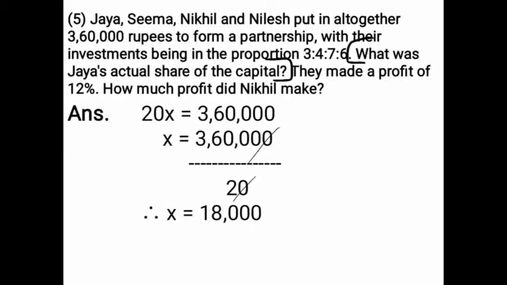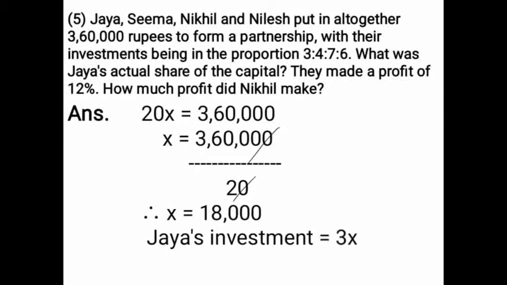Jaya's investment, you have to write it again. It's equal to 3x. You have to substitute the value of x, which I got here, 18,000. You have to multiply 18,000 into 3 and you will get Jaya's investment. I have substituted x value 18,000 because x value I got 18,000.